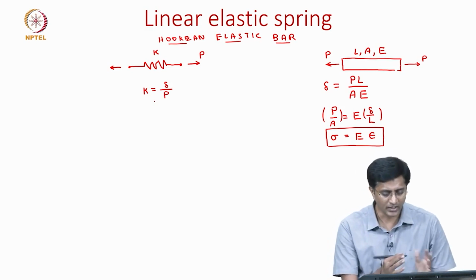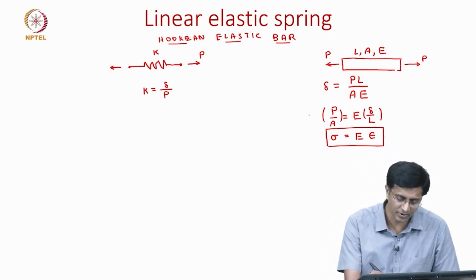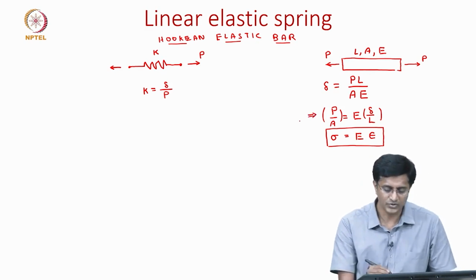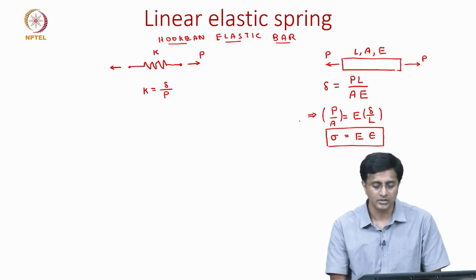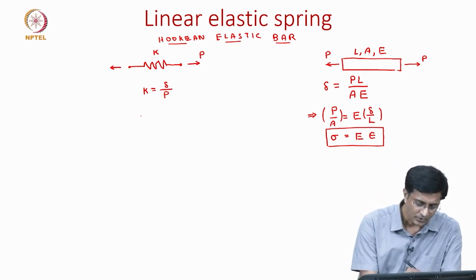Now, let us rearrange this such that we bring it close to the expression we have for deflection in a prismatic bar. Let us say I will take this delta to the left hand side and then divide it by A on both sides.